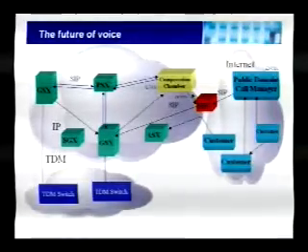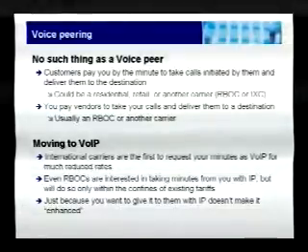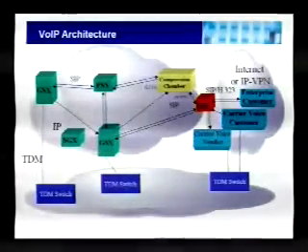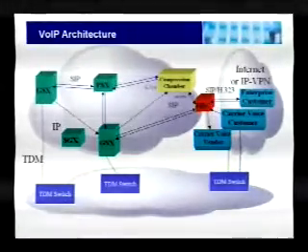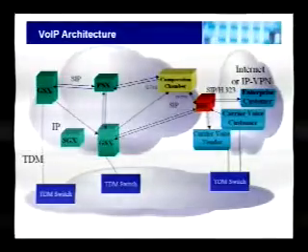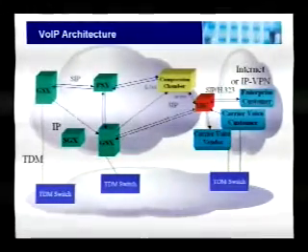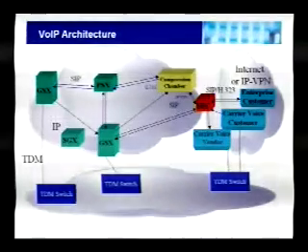This is what I think the future of this voice network looks like. If we go back 2 slides real quick, we see that we have enterprise customers that are sending and receiving calls from us, and this is great because we're probably getting paid to receive the call, and we're delivering it to the enterprise customer at no charge. We're receiving calls from the enterprise customer, and we're charging them for that.